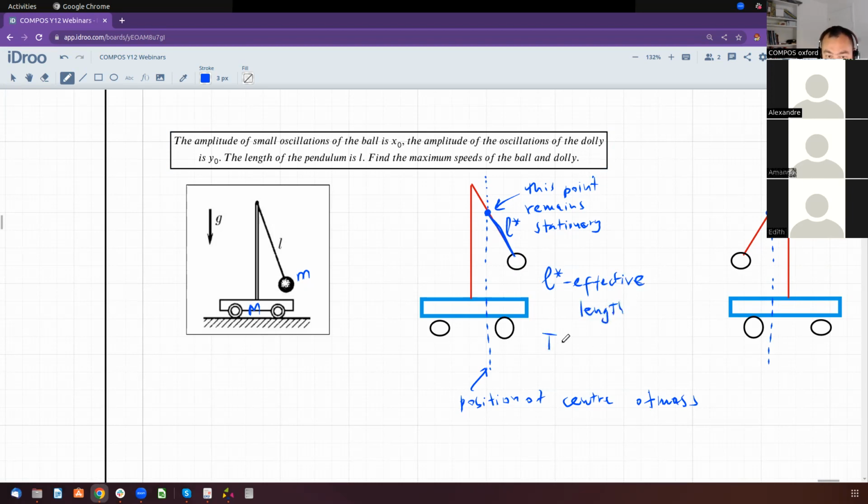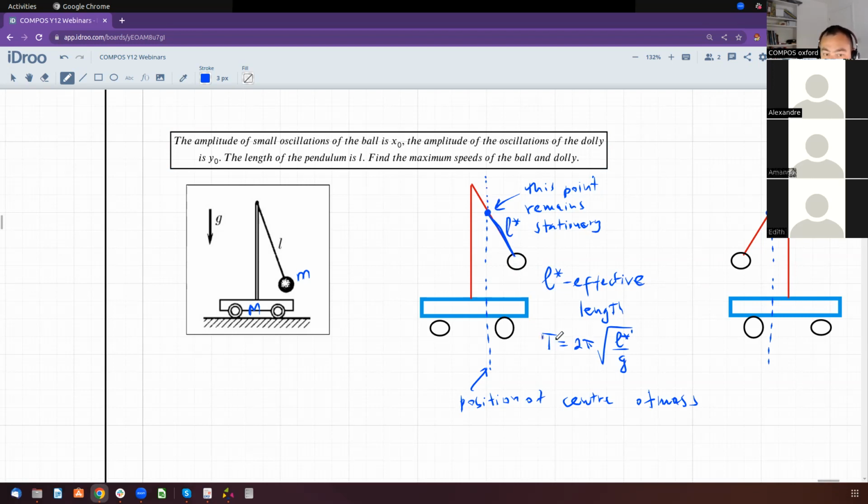The time period is going to be 2 pi square root of L star over g. For the effective length, you just need to find the position of the center of mass and work out this part of the length, and that's it.